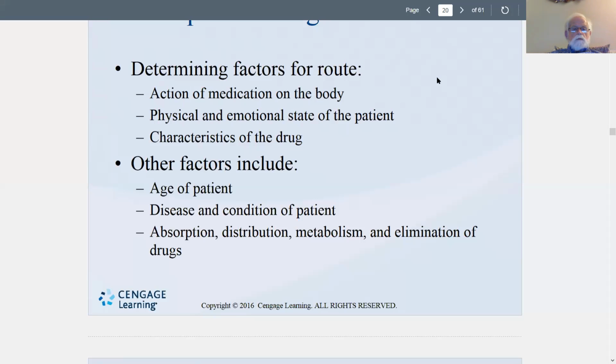But many of the determining factors for the route have to do with the drug itself and the action of the medication on the body. Some drugs can only be given orally, or should only be given orally. Some drugs can only be given by injection. A good example of injectable only drugs is insulin.